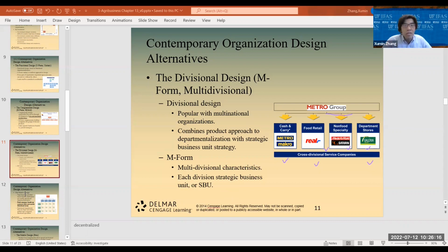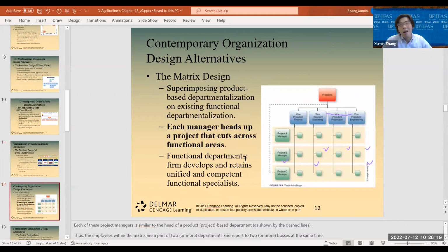The very last one, in my opinion, is even better. For those big companies, we all use the so-called matrix design. This is more like a cross-functional project. We have a project manager, and then we lead a temporary project team. I was a project manager for the delivery, which has to involve different departments.